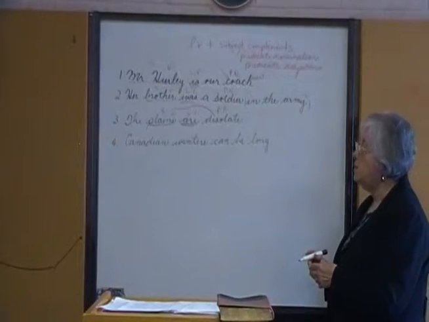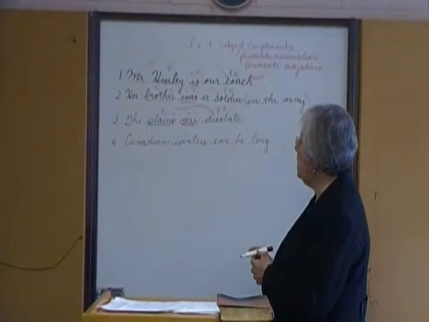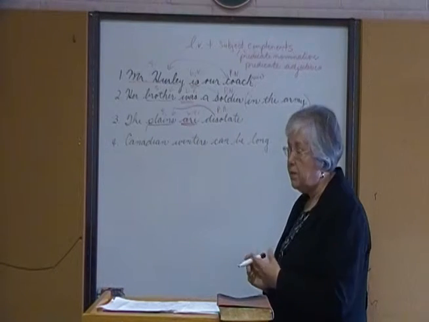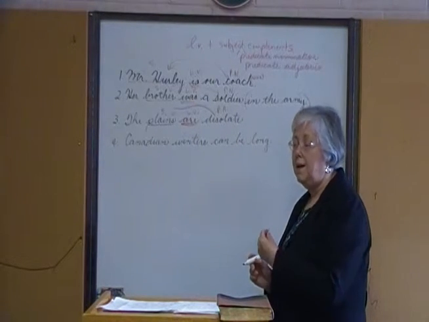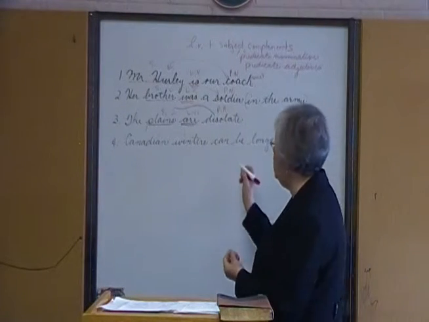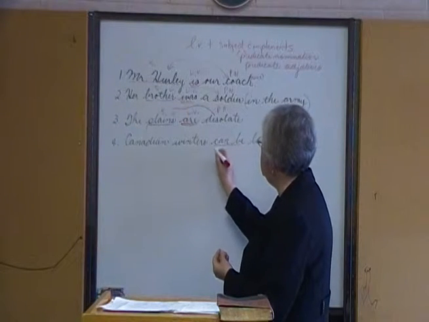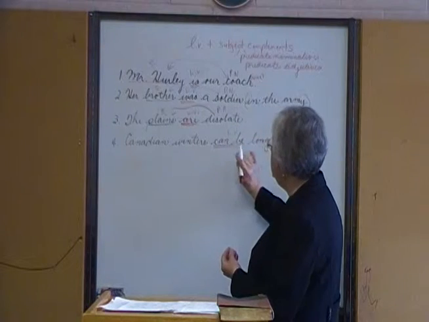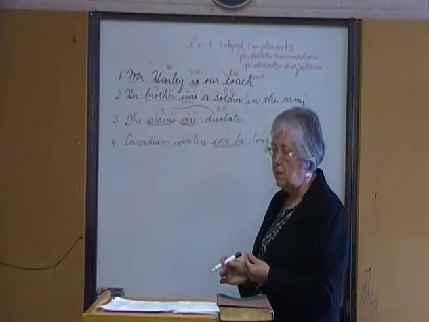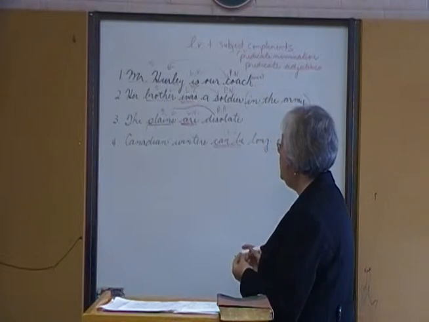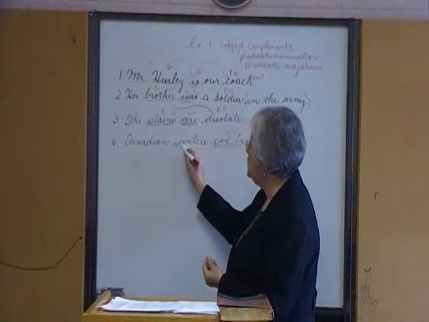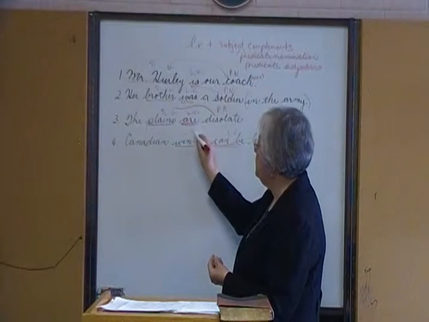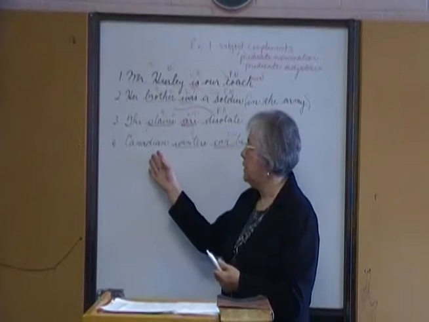Canadian winters can be long. All right, what is the verb? Well, we have a verb phrase. We have a helping verb, and then the main verb, which is a linking verb. Can be is the verb, and it's the linking verb because you identify it by the main verb. All right, who or what can be? Well, winters. You might wonder about Canadian.